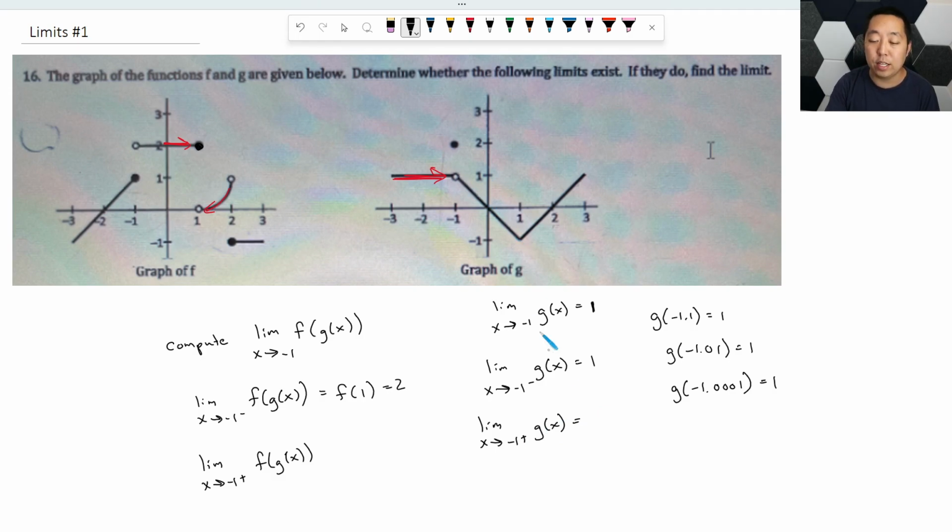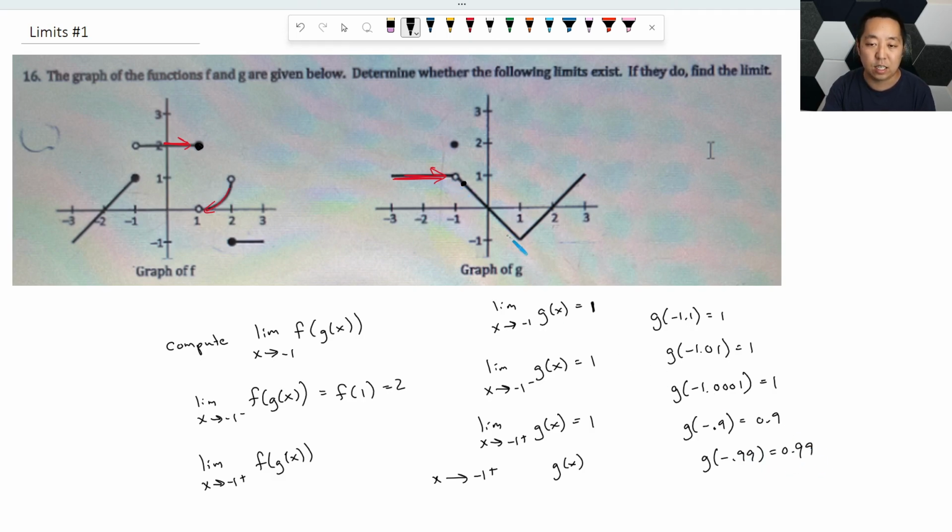You are correct to note that it is 1, but here's what you want to note: as x approaches -1 from the right, g of -0.9 is like 0.9 or something like that, and g of -0.99 is equal to 0.99.